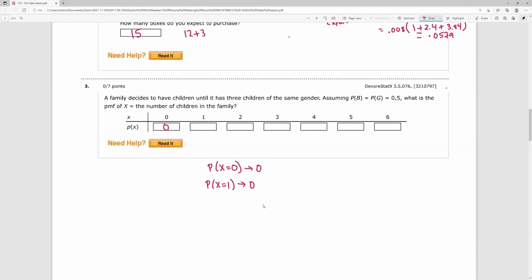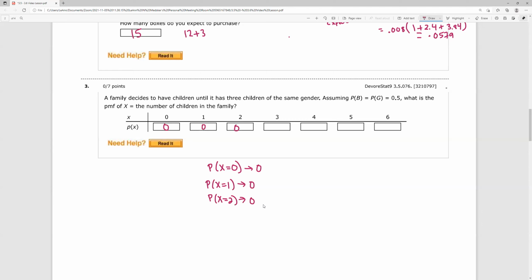So the probability they're going to stop at 1 is also 0. Same thing for the probability of 2. If they are able to have children without any issues, of course, we're assuming that, and they want 3 children of the same gender, they can't get that if they've only had 2 children. So those are all impossible measures here because they don't actually reach the goal.